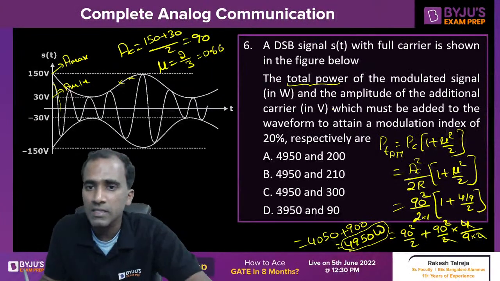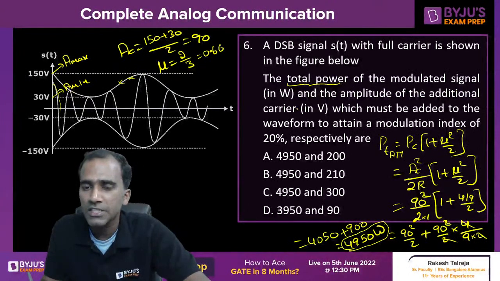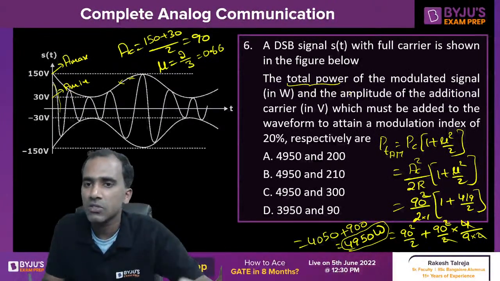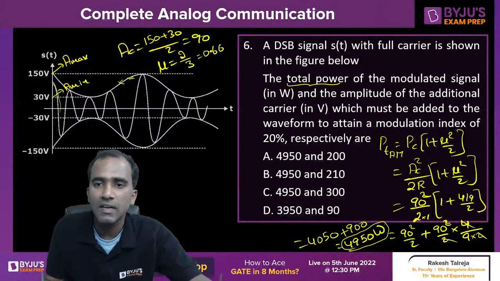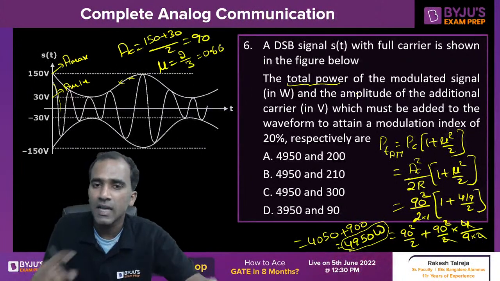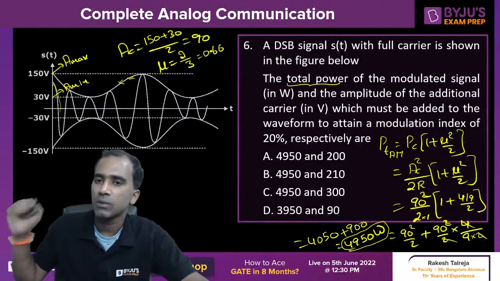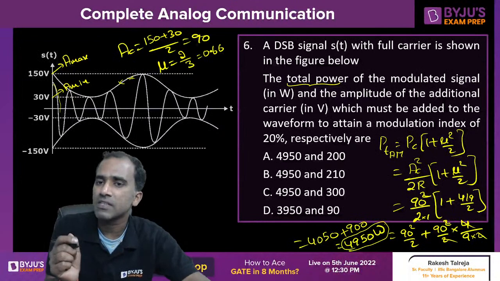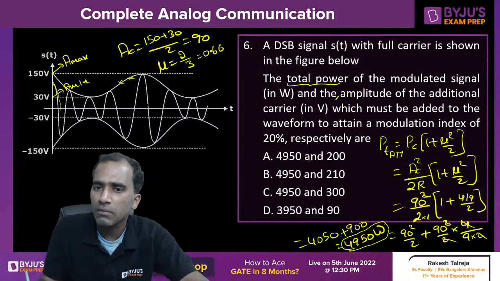So what are they asking us? The amplitude of the additional carrier. Carrier means a sinusoidal signal. For a sinusoidal signal, we don't talk about amplitude, we talk about peak amplitude. Even if they say amplitude, they are interested in peak amplitude, because a sinusoidal signal's instantaneous amplitude is always changing. Though they have not mentioned it, you can understand they are talking about peak amplitude.